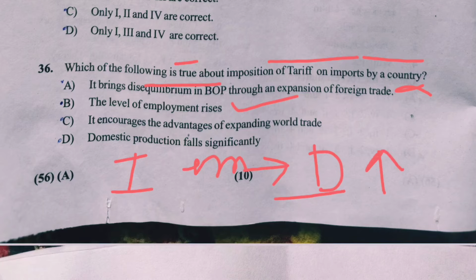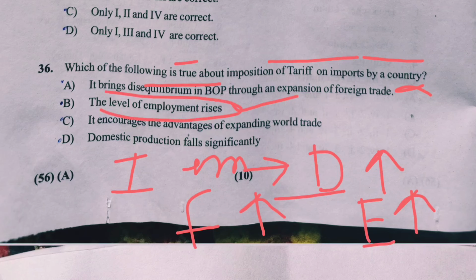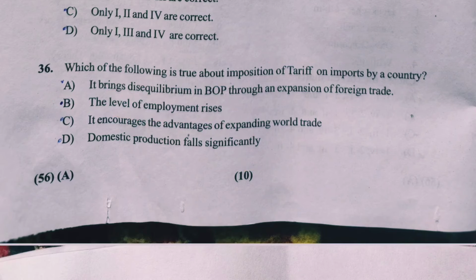That means firms will hire more people and employment will rise. So the correct option should be B. It encourages the advantage of expanding world trade. No. Domestic production falls significantly. No. So the correct option should be the level of employment rises.